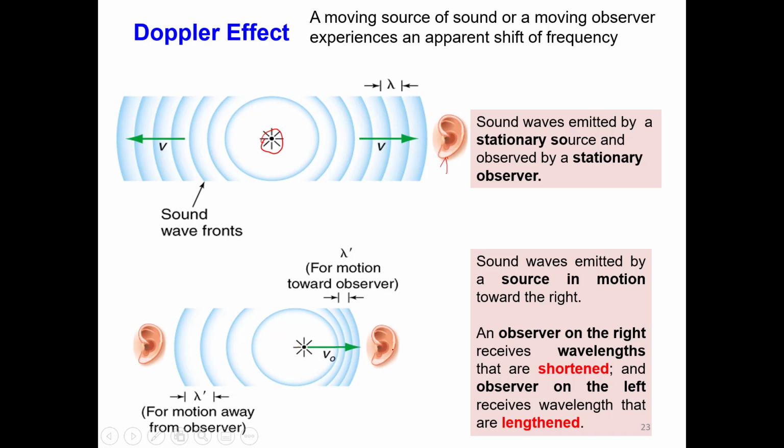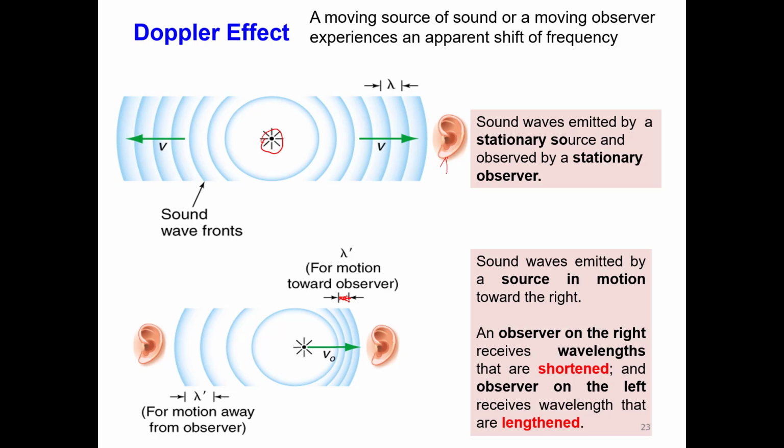Now, what happens if the source of sound is moving to the right? Then the observer here will perceive that the wavelength decreases. As we can see here, this corresponds to the wavelength, and that part corresponds to the wavelength decreasing. And we know if the wavelength decreases, then the frequency is going to increase. Then this observer will perceive a higher frequency. There is a change in frequency; the sound is at a higher frequency.